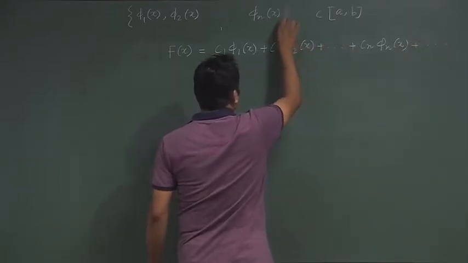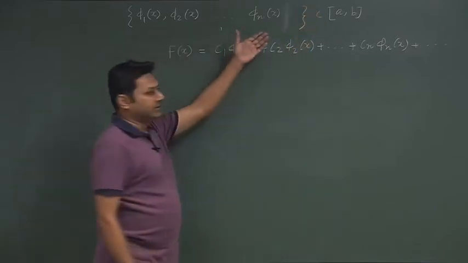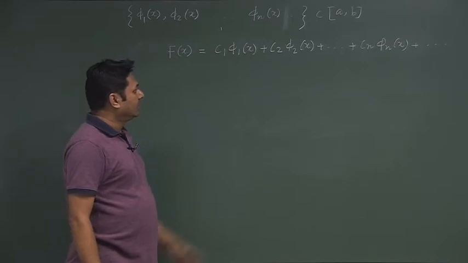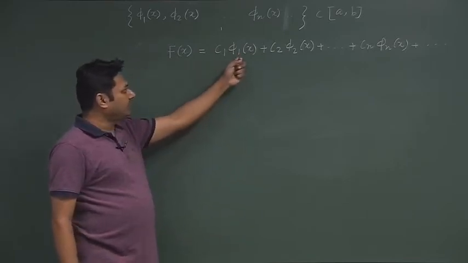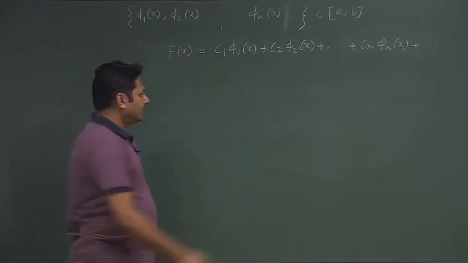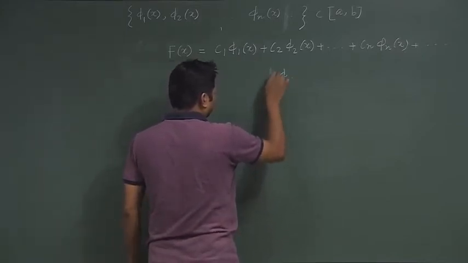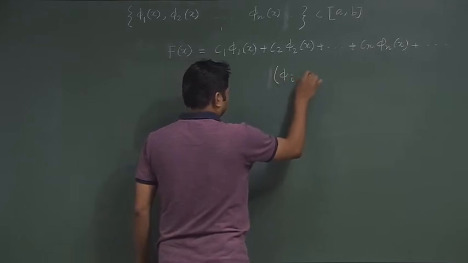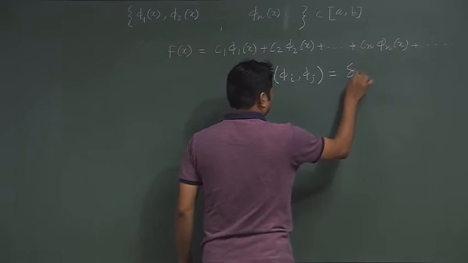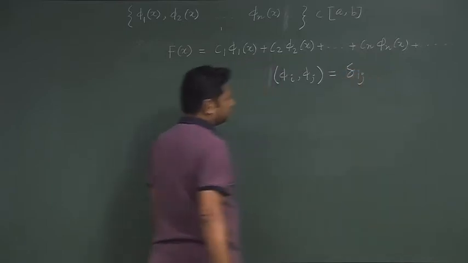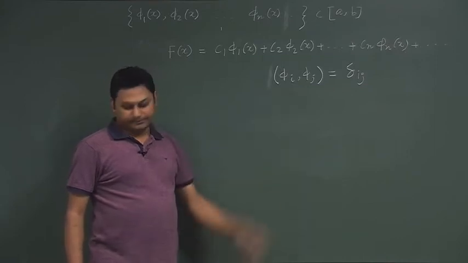That means this set is, in principle, infinite. Now I can represent a particular function in terms of phi 1, phi 2 and so on, where the relationship between the phi's is this, if they are orthonormal.